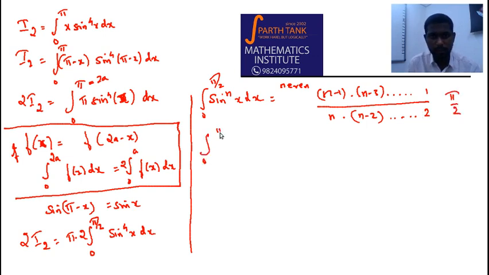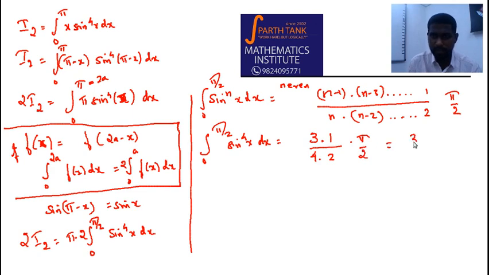So integral 0 to pi by 2 sine power 4x dx is going to be 3 into 1, stop there, by 4 into 2, stop there, into pi by 2. So the answer is 3 pi upon 16.